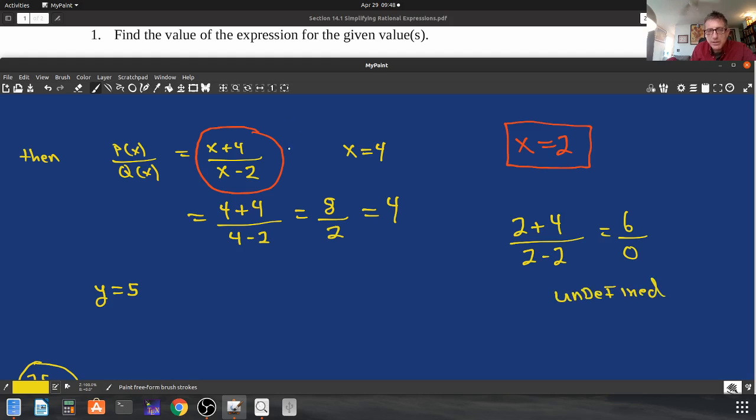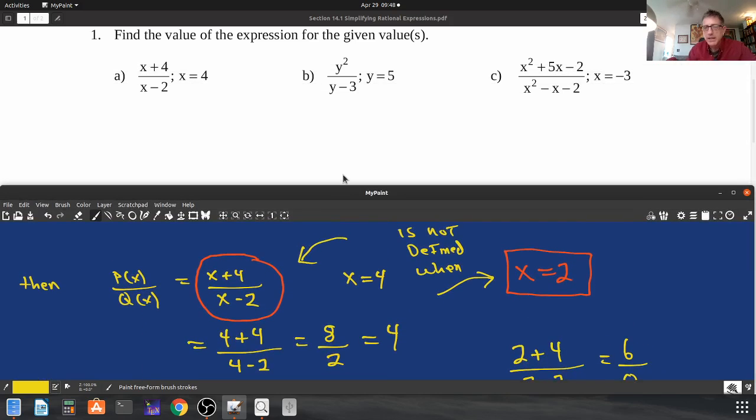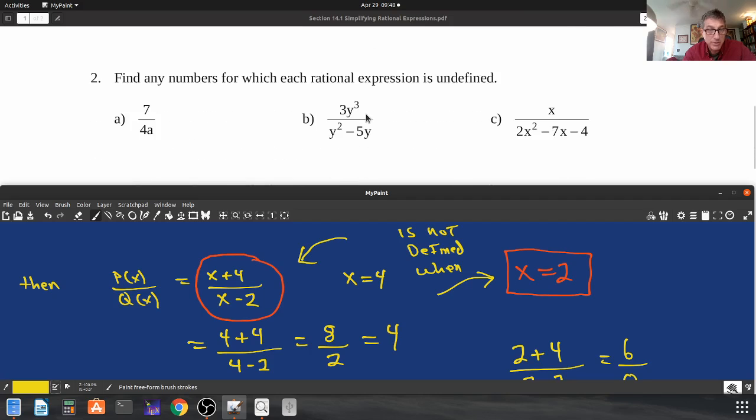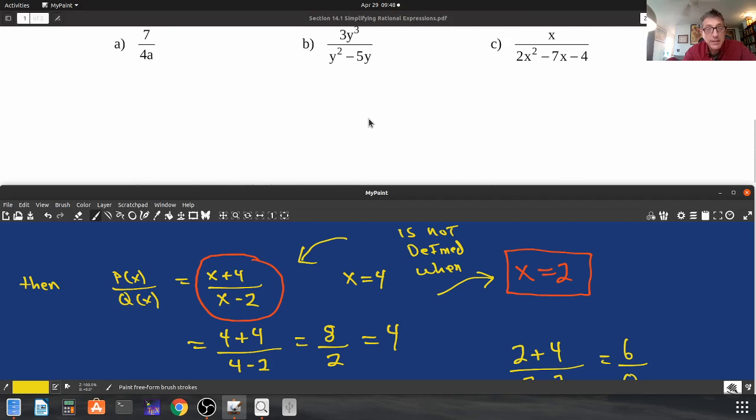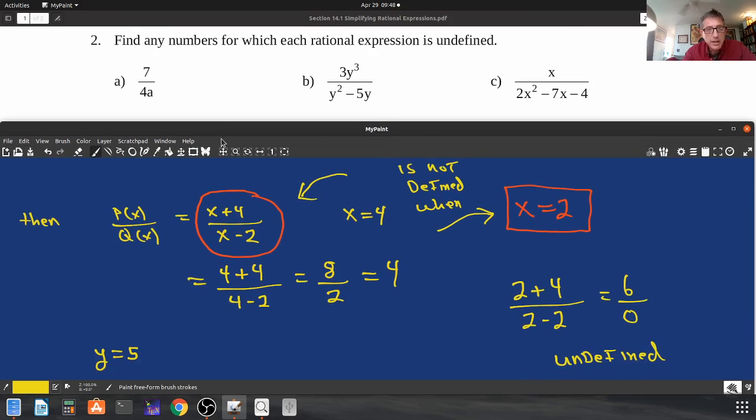So this rational expression is not defined when x is equal to 2. So that's what we're pretty much doing in the next set of exercises, is finding the values for which each rational expression is not defined.